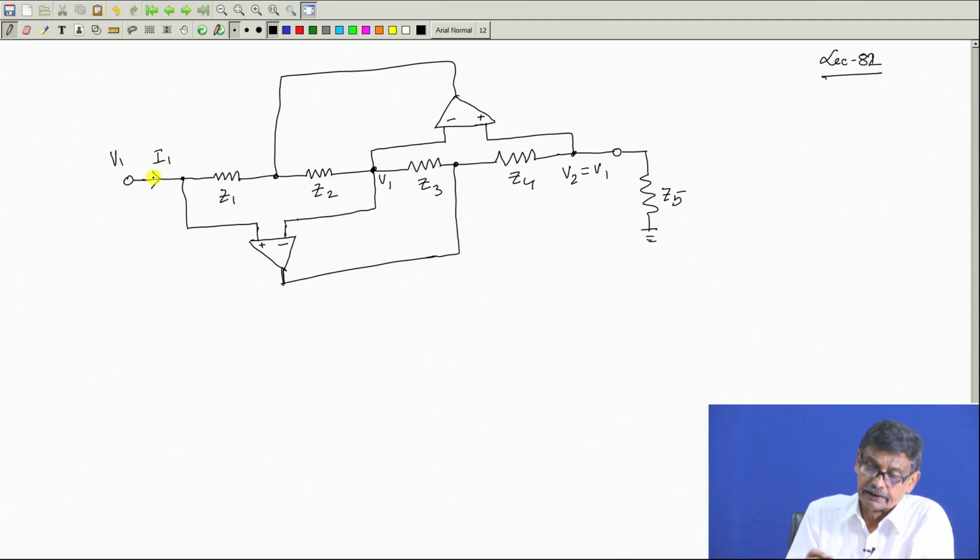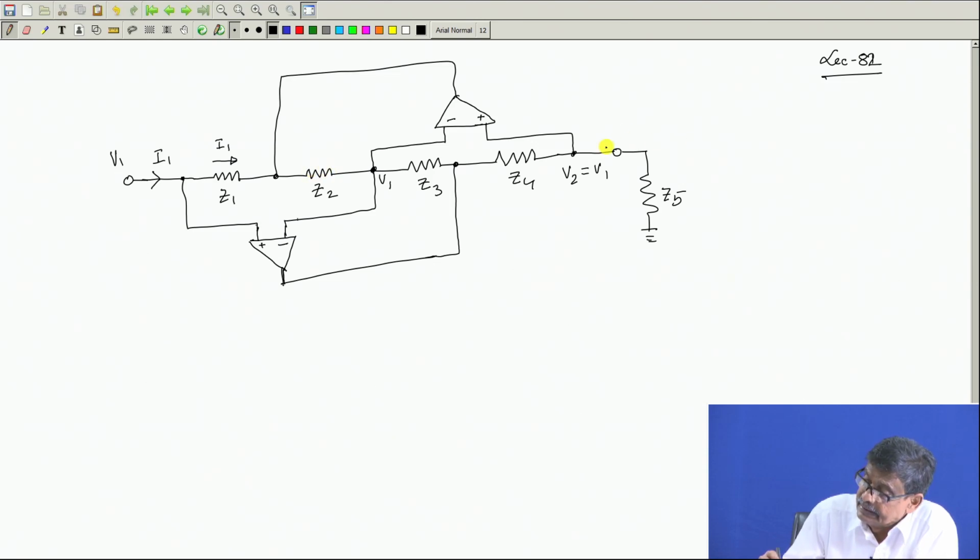Now, let us see the currents. This is current I1. This ideal op amp will not draw any current. Therefore, this I1 has to flow through this Z1 as well. This I1 comes over here, but this current I cannot comment on. It will not be the same as I1. That will be different.